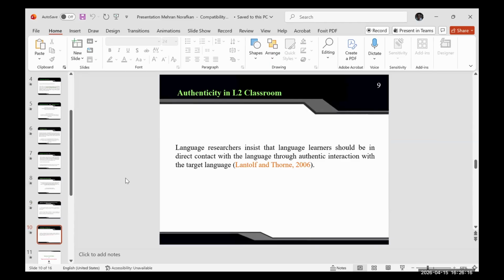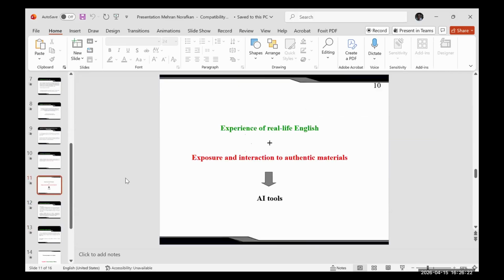And here, the role of AI tools is so significant. The experience of real life English that we need is gained through exposure and interaction with authentic material through AI tools.